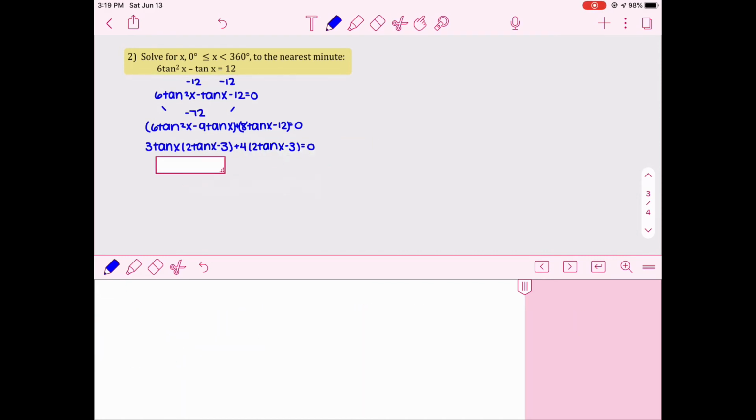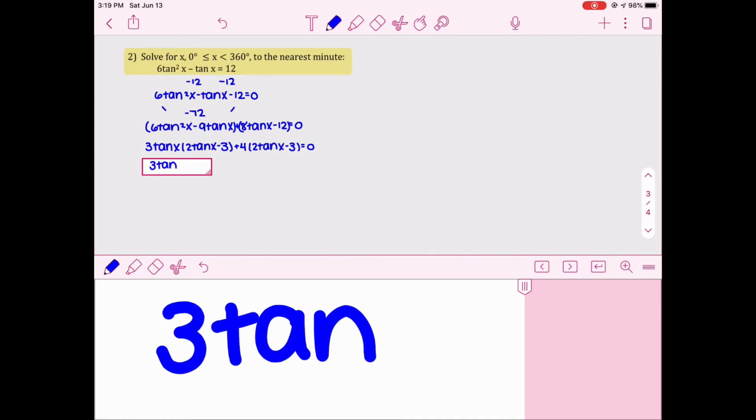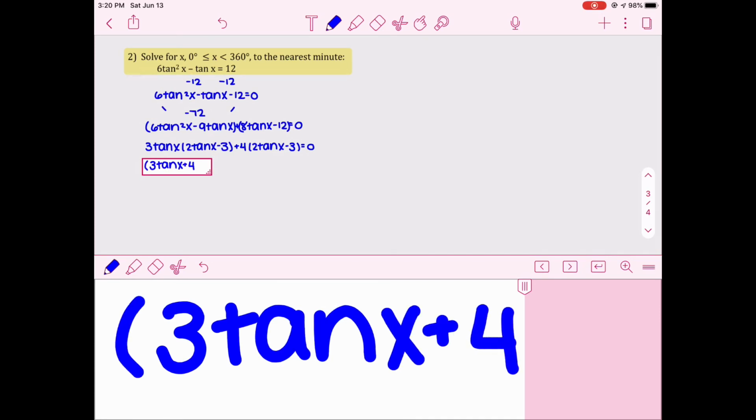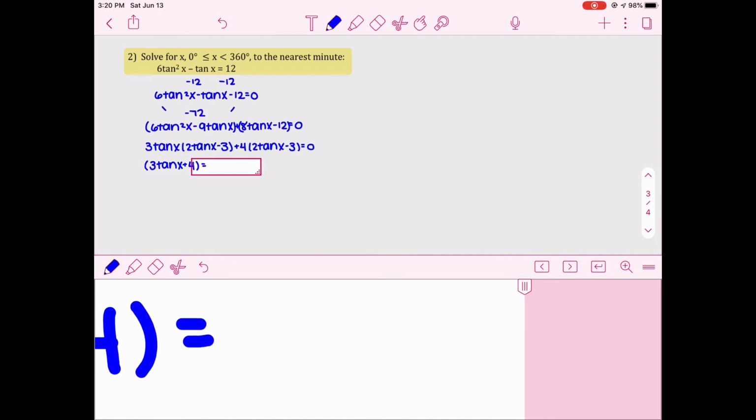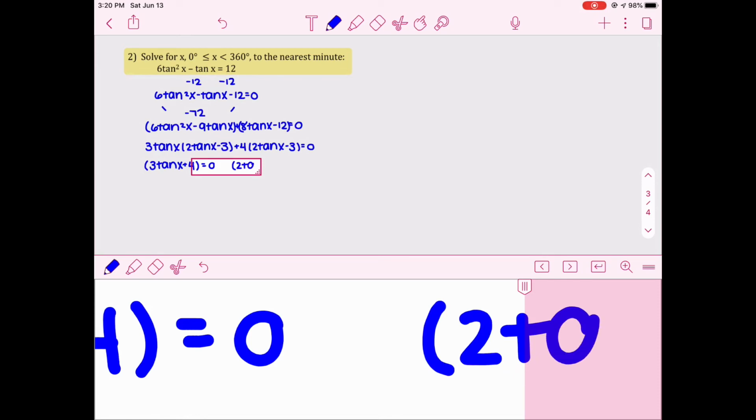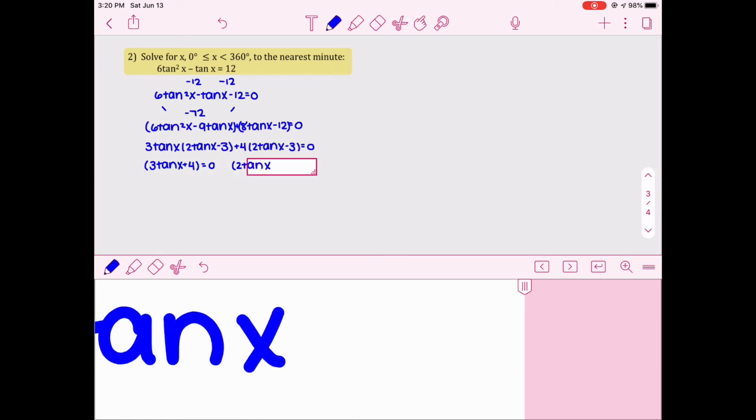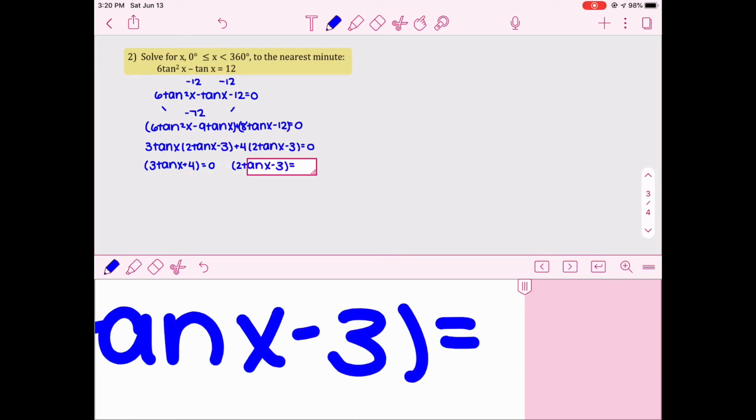We want to combine them to get 2 different sets. So we have 3 tan x plus 4, and we want to set each to 0, and then 2 tan x minus 3 equals 0.